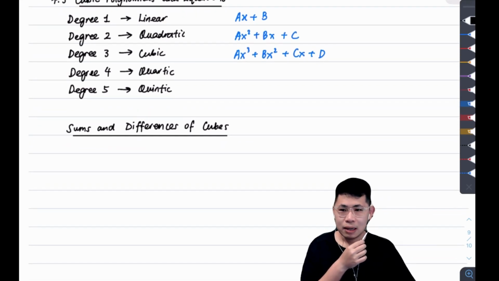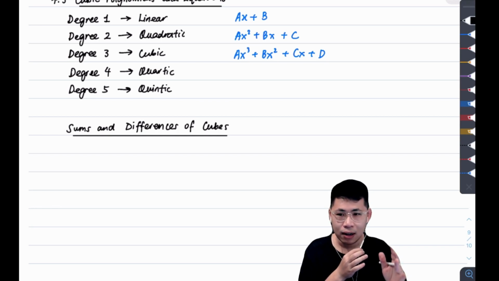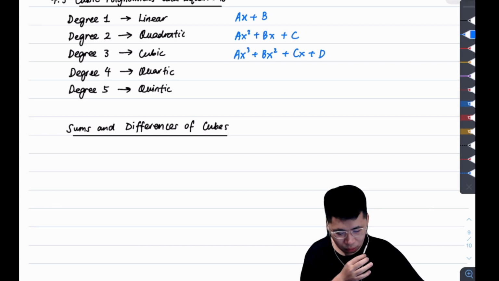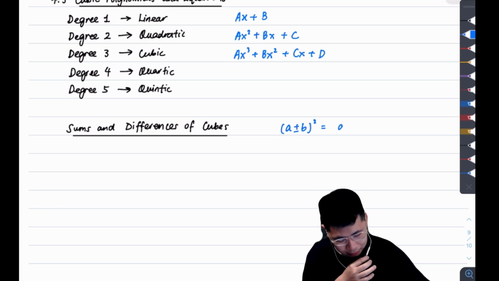Okay, so for our sums and differences of cubes, we usually follow this identity. Similar to our quadratic identity, where we have a plus minus b all squared, it will give us a squared plus minus 2ab, and then plus b squared.